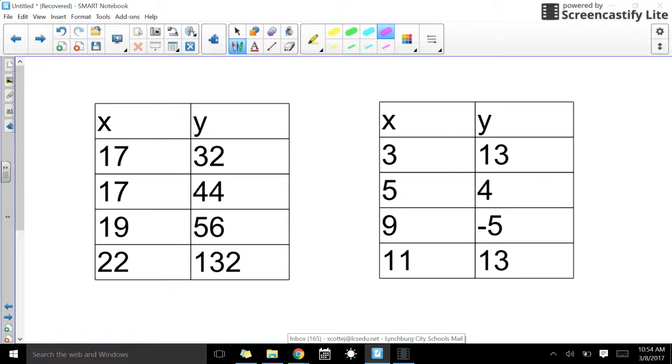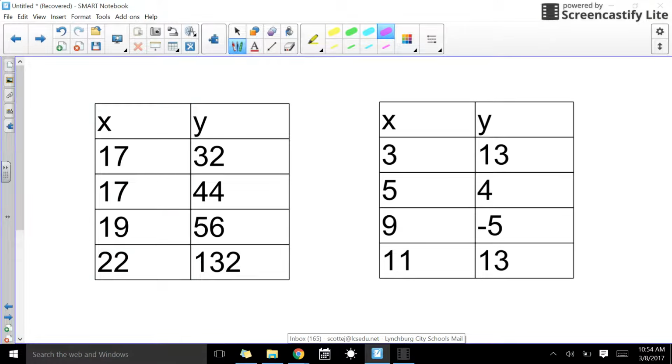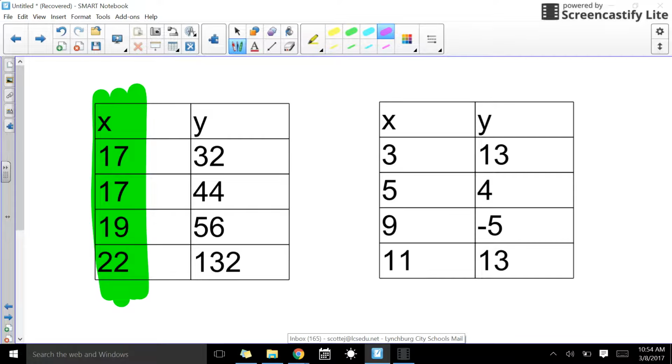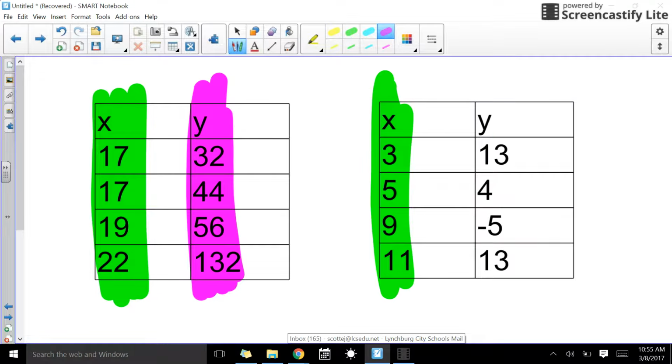When I need to identify domain and range by my tables, this is my domain. All of these values are my range. Okay? This is my domain. These are my ranges.